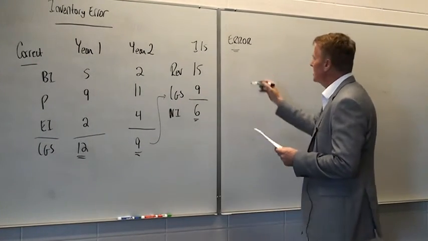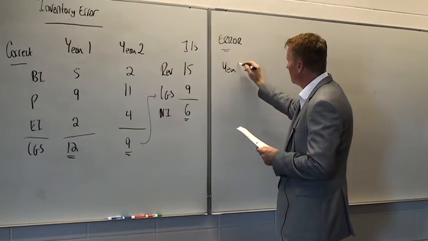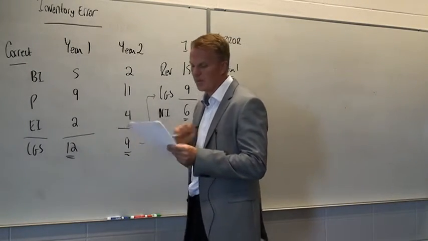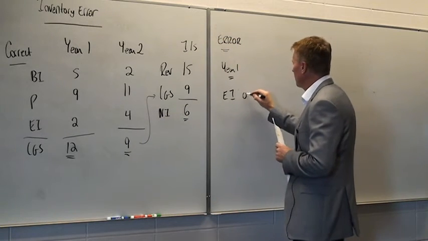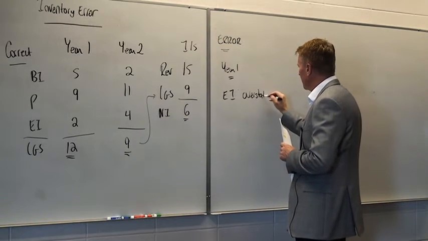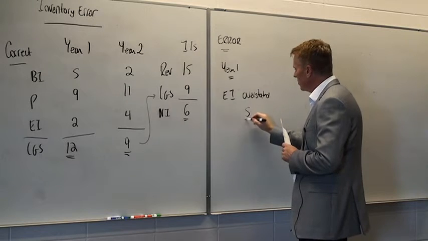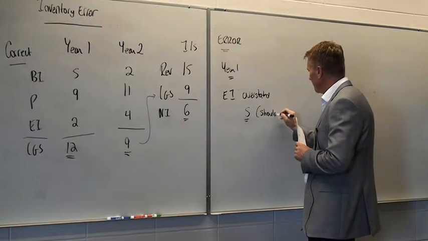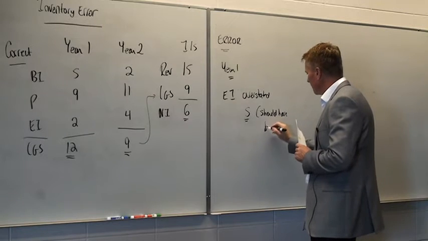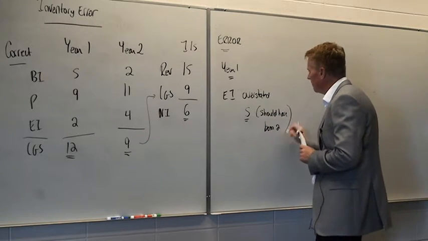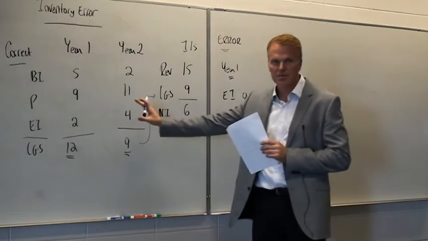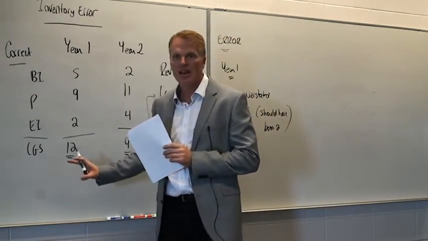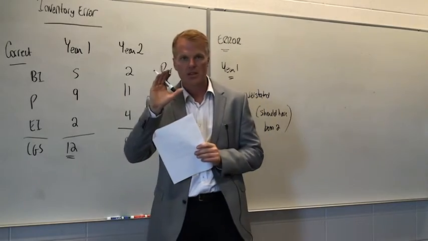So let's say, for example, in year 1, that ending inventory right there was overstated. 5 was the amount that was put in there, and it should have been 2. So this is correct. What we're going to do is we're going to recreate this and change the error.